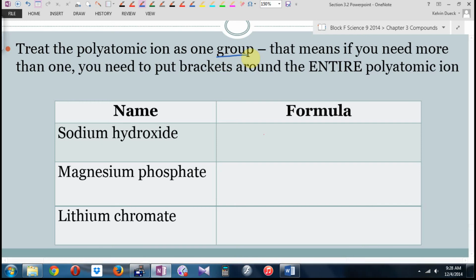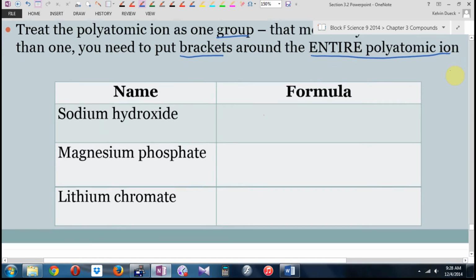That means if you need more than one, you need to put brackets around the entire polyatomic ion. Say, what? I'll show you. Oh, sorry, I scrolled up. You guys can't see that.